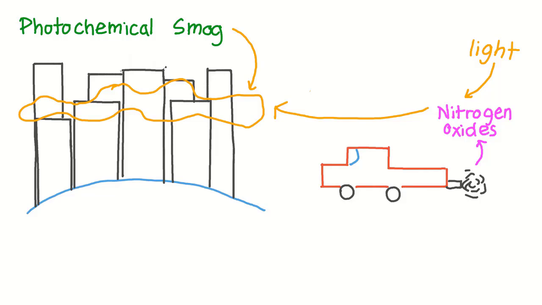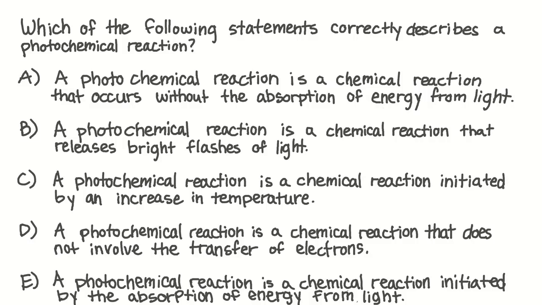So now we've learned about photochemical reactions and seen several examples of them, so let's look at some problems. Which of the following statements correctly describes a photochemical reaction? A. A photochemical reaction is a chemical reaction that occurs without the absorption of energy from light.